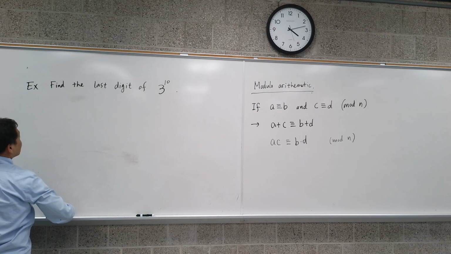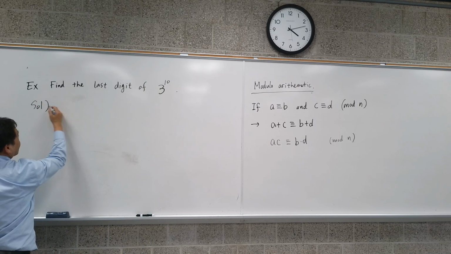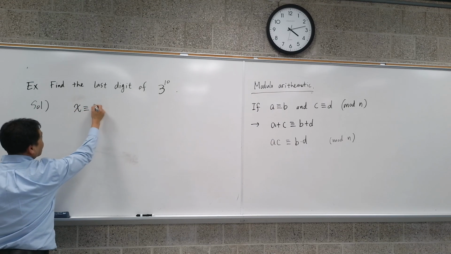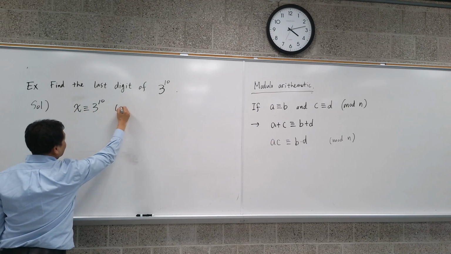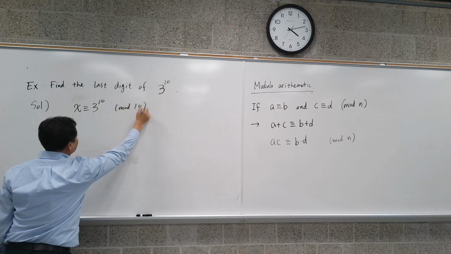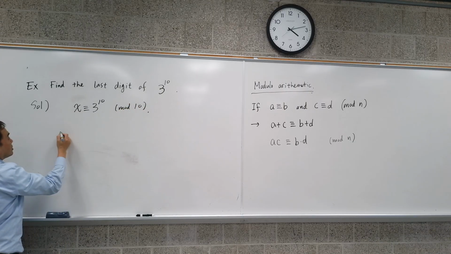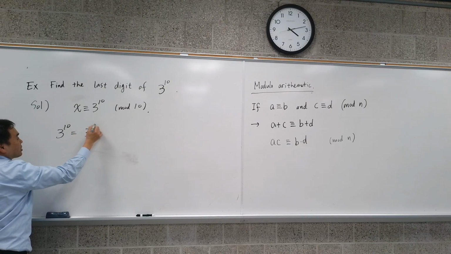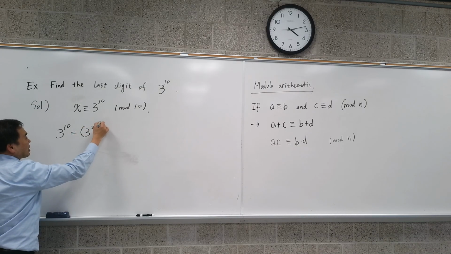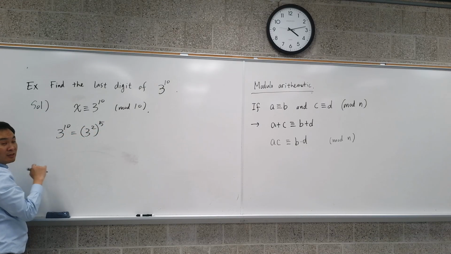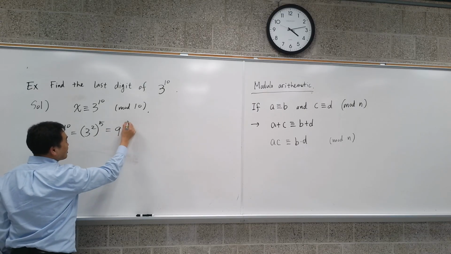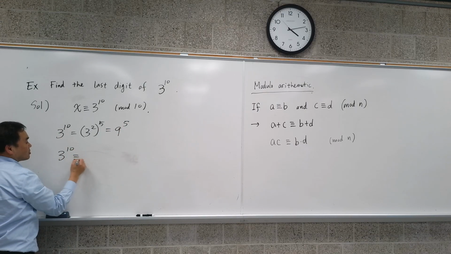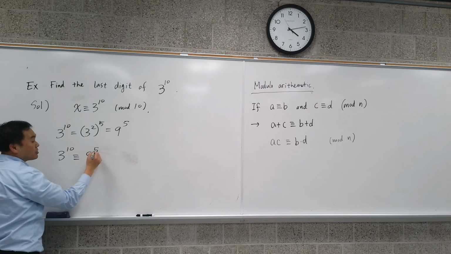Okay. So solution. We're looking for x equals 3 to the 10 mod 10. Okay. Let's see, what is 3 to the 10? That's 3 squared to the 5th power, because 2 times 5 is 10, which is 9 to the 5th power. Okay, so we can say 3 to the 10th power is congruent to 9 to the 5th power.